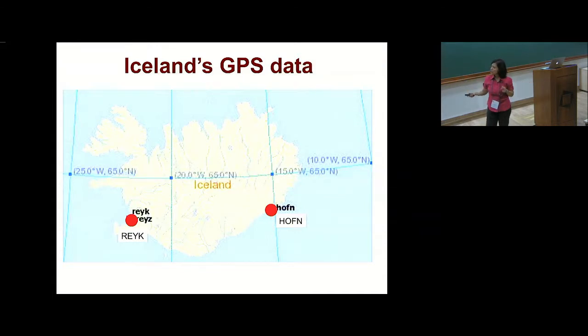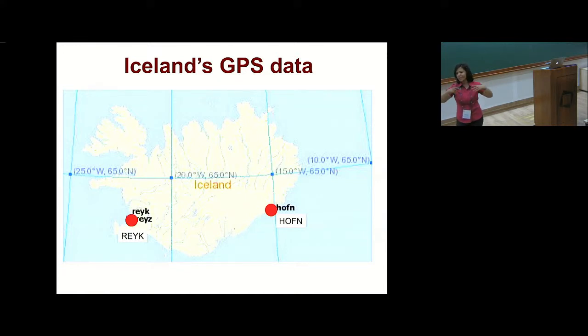The one in Reykjavik and the other in Hofn. Now, what's interesting is if you look at the data from these two GPS stations, we see that this station is moving towards the west, while this station is moving towards the east. Now, both the stations are on the same landmass of Iceland, but one is moving one way, the other is moving the other way. So what does that imply?